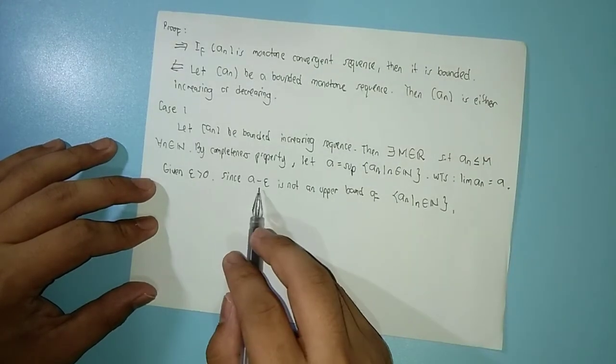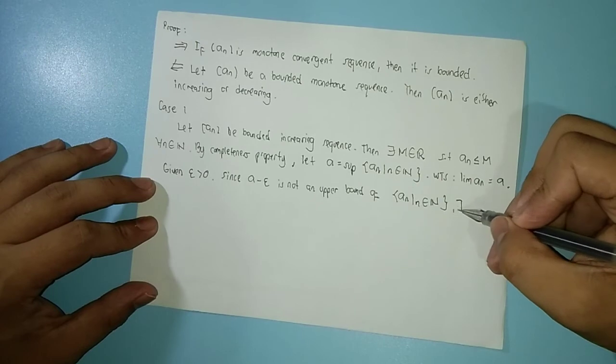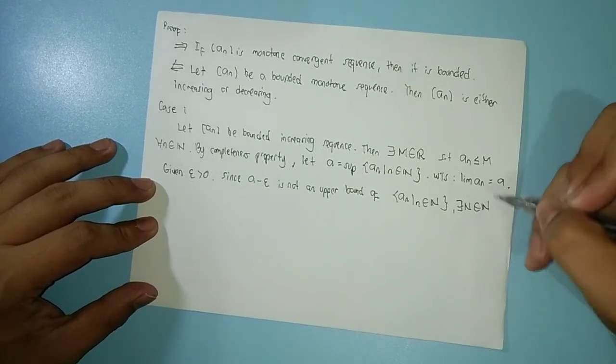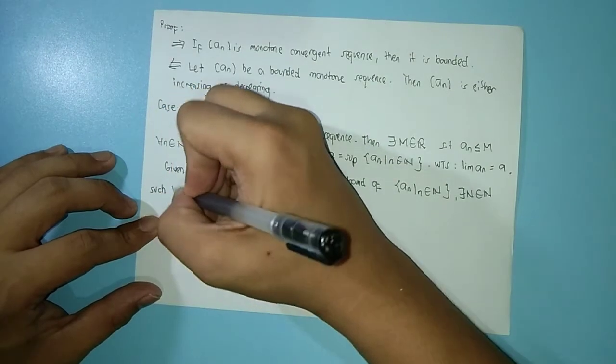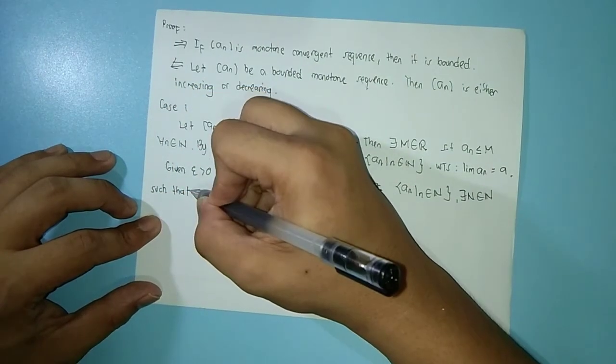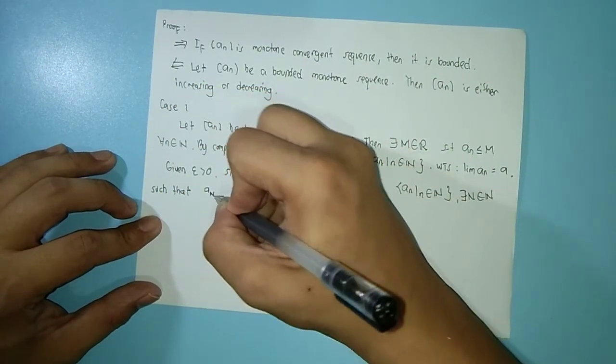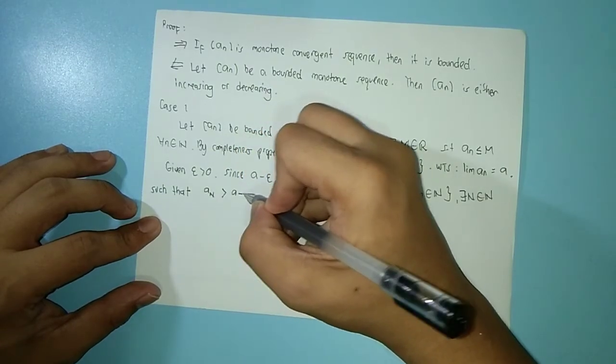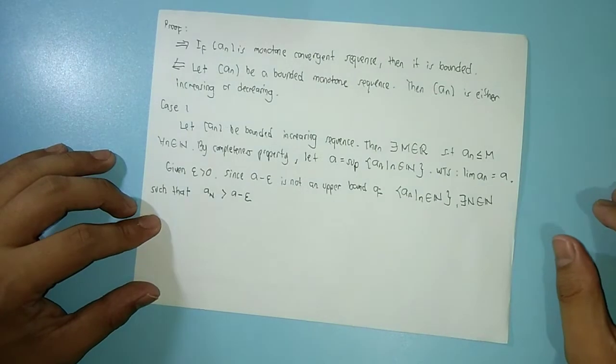Then, kung ito ay hindi upper bound, so ibig sabihin may mag-e-exist na natural number, let's say natural number capital N, such that a sub N is greater than A minus epsilon. Okay?